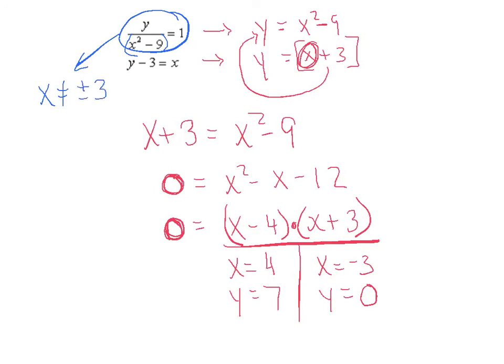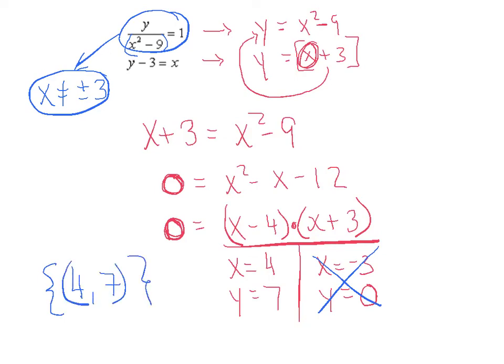And we're going to put that restriction on that function's domain. Now because of that restriction, we're going to reject this one, and we're going to say that the only solution to this problem is the ordered pair (4, 7). That's the one and only solution because of the restriction on this first function's domain.